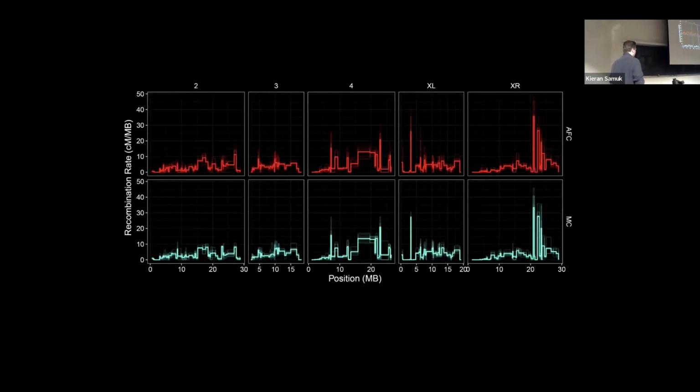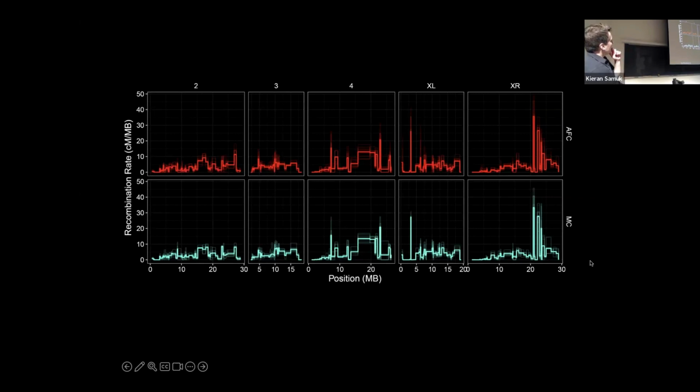Okay, so the next thing we did was we were curious if these differences in recombination rate were specific to particular regions of the genome, or was this a genome-wide thing? What we have here are the different recombination landscapes across the Drosophila pseudoobscura genome. Here up in red, we have American Fork Canyon and Madeira Canyon.